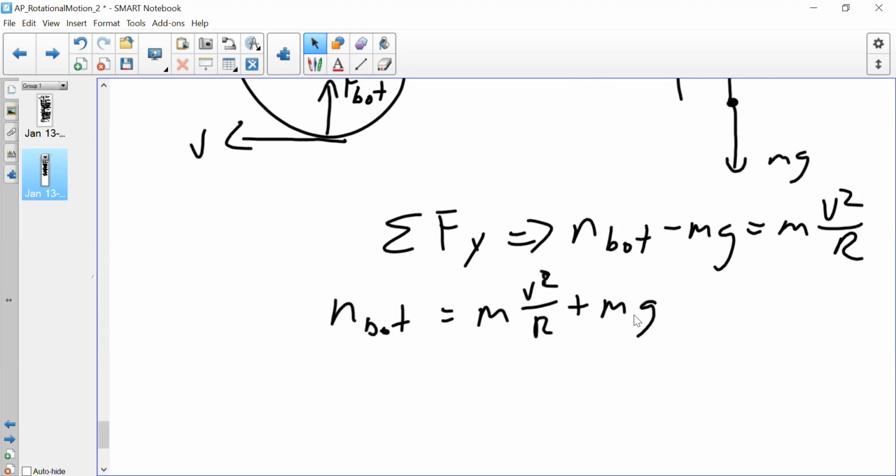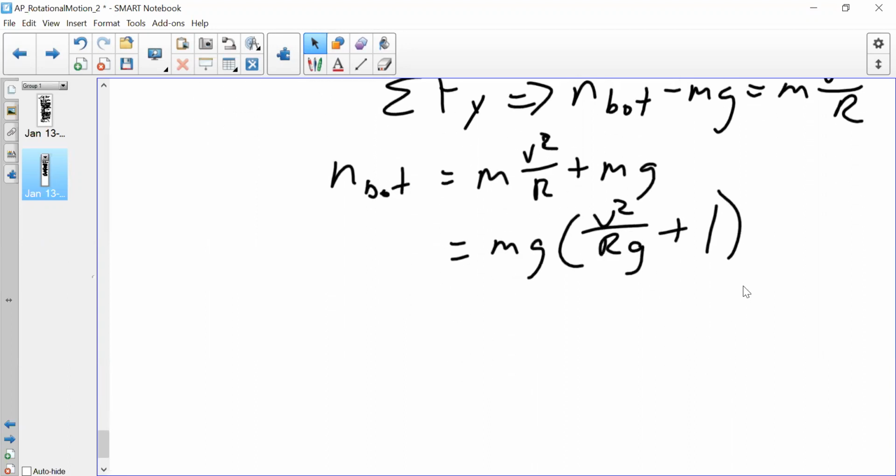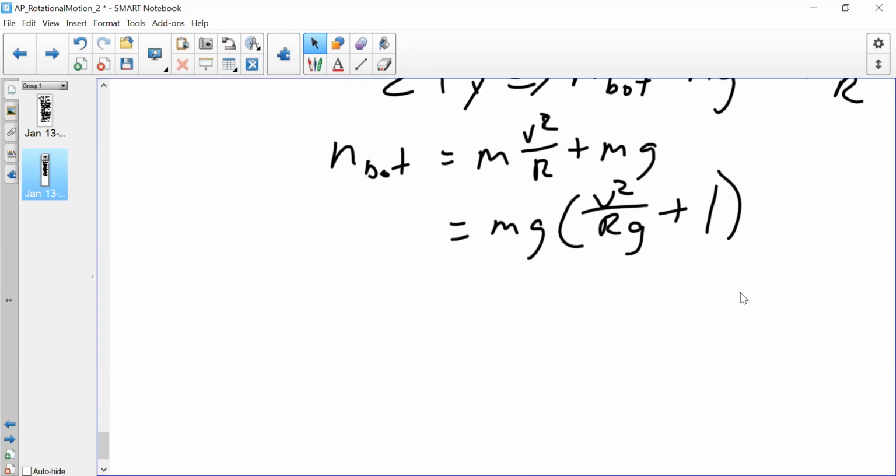So we can factor out the mg, and this becomes v squared over r times g, because once you multiply it out, it's just v squared over r, which is what you have in the original case. So when you factor this out, it's multiplied by g at the bottom, plus 1. Then put in your numbers to get the normal force at the bottom in terms of mg.